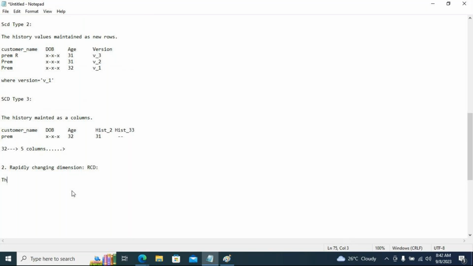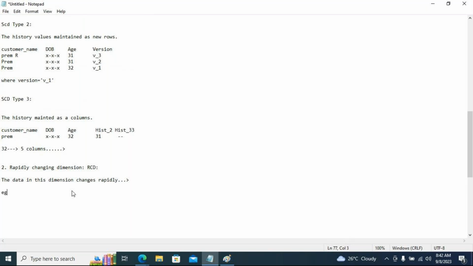So the data in this dimension changes rapidly. So we cannot stop updating records into this rapidly changing dimension.